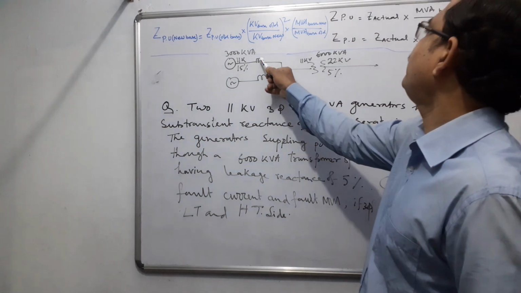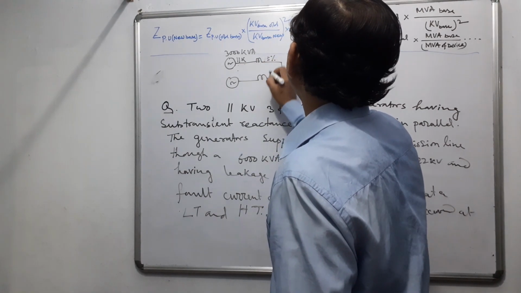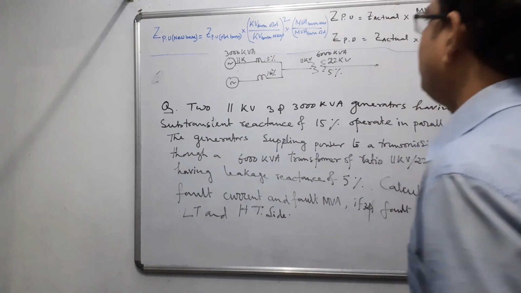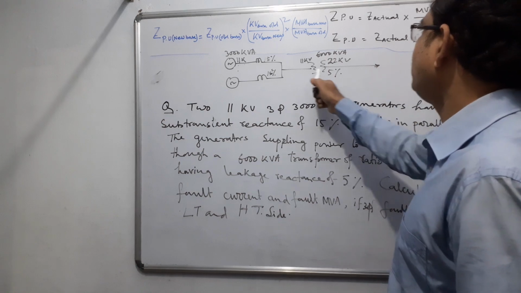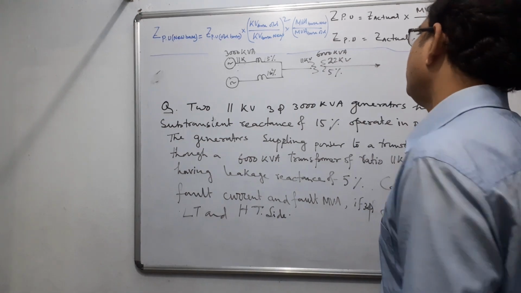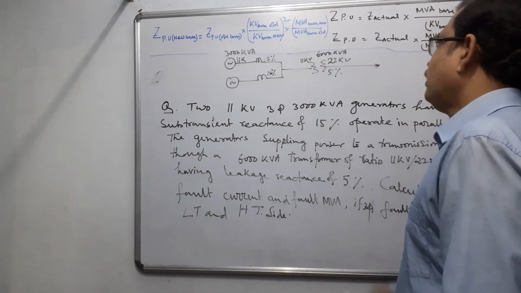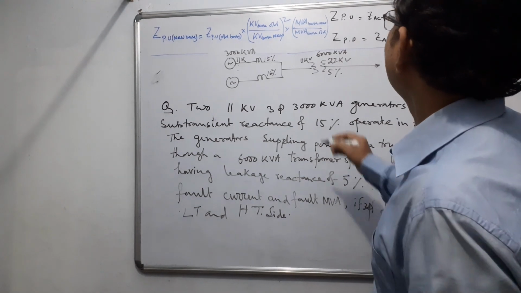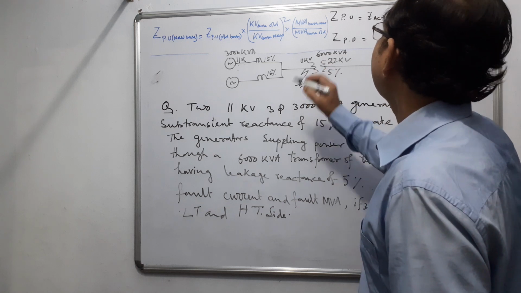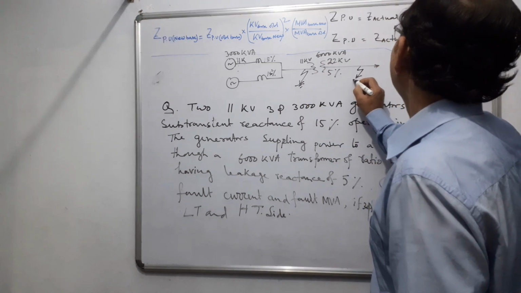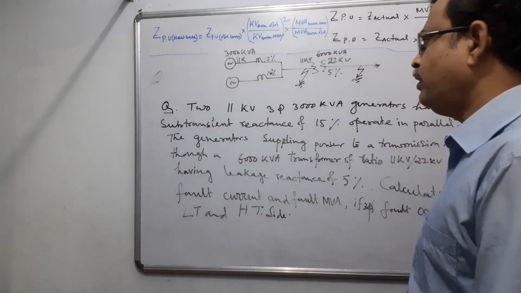That means these two generators are operating in parallel and their reactance is also 15%, and they are supplying a transmission line through this transformer. Transformer rating is 6000 kVA, 11 kV by 22 kV, and its leakage reactance is 5%. Now we have to calculate the fault. If fault occurred here, that means at LT side, or if fault occurred here, at HT side, in two different cases the value will be different.